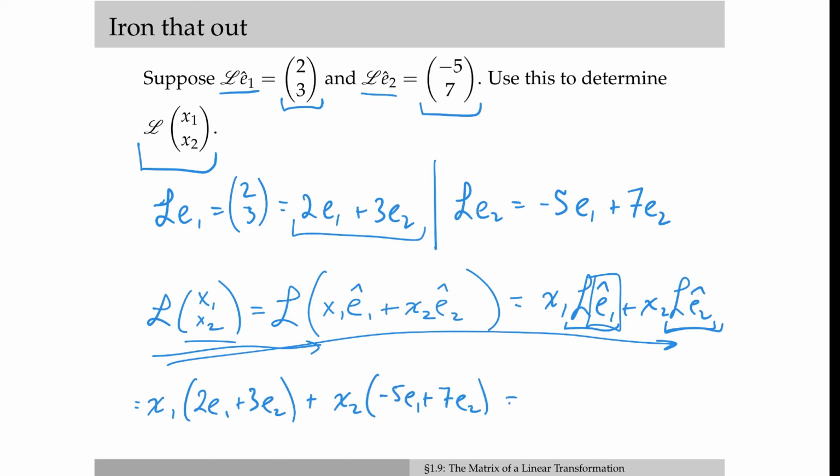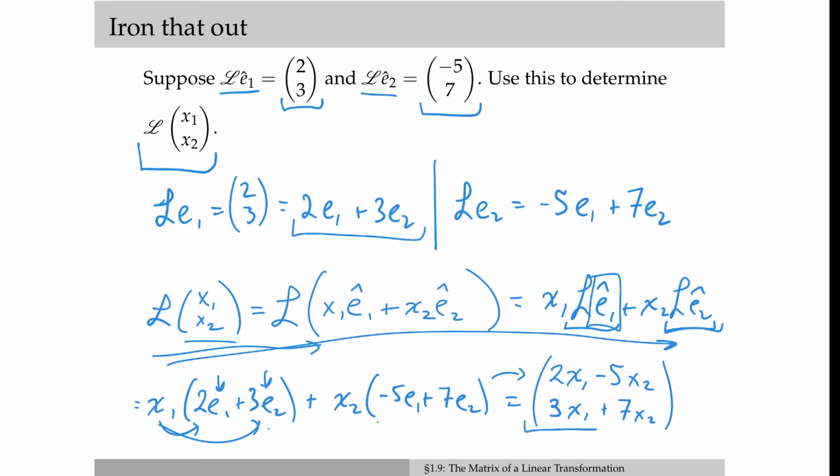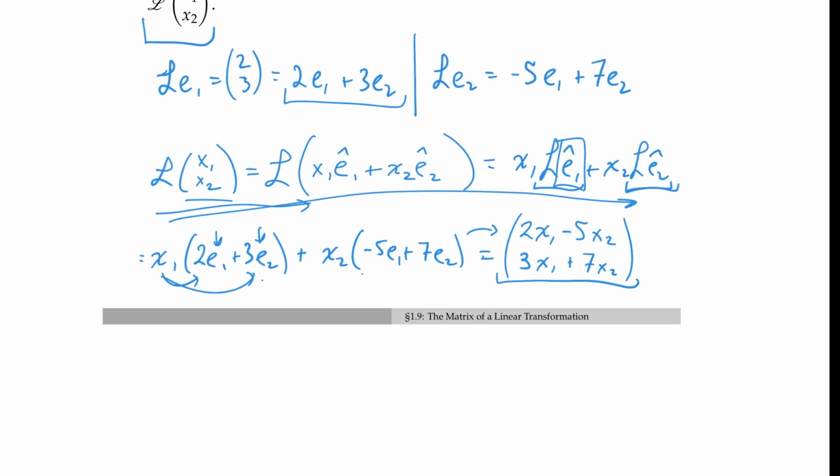Writing this all out, I get 2x1 minus 5x2, and then 3x1 plus 7x2 as my final vector. If this step is too big of a jump, distribute these, write down what E1 and E2 are, and multiply by the scalars 2x1 and 3x1 and so on, and then combine those two vectors to get this. And if you're still having trouble with that, let me know and I'll help you out.